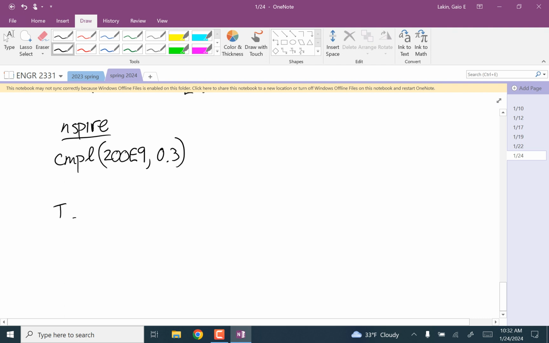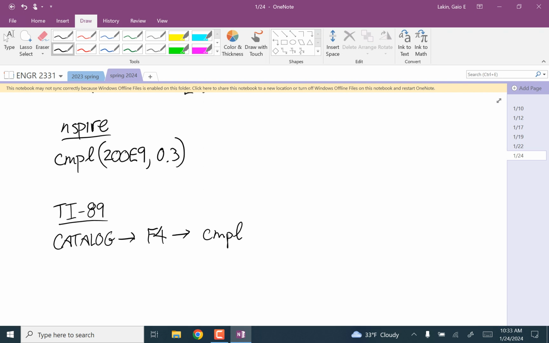For the TI-89, go to catalog, F4, CMPL, and it'll write that on the command line, and then you'll enter the values of E and Poisson's ratio in here the same way as for the Inspire.